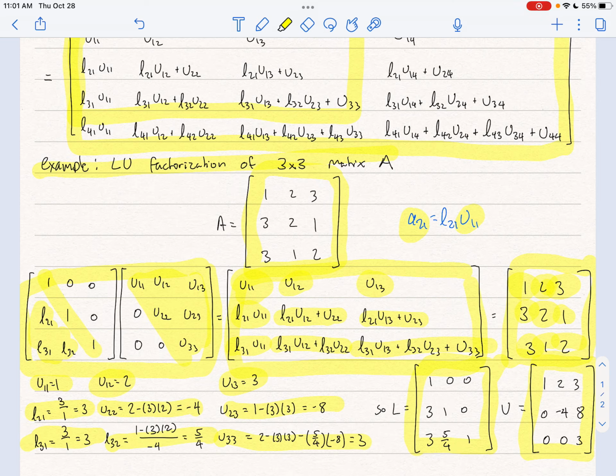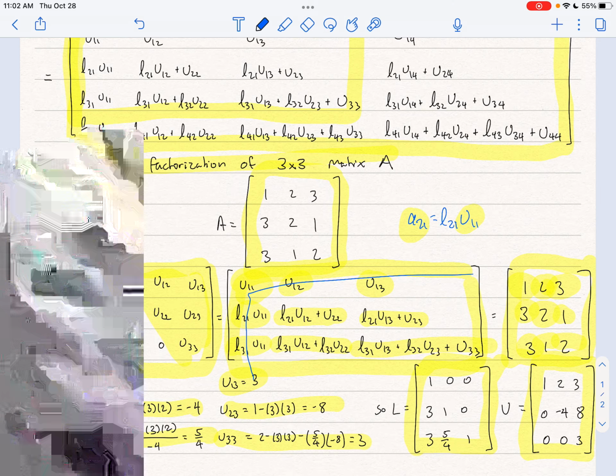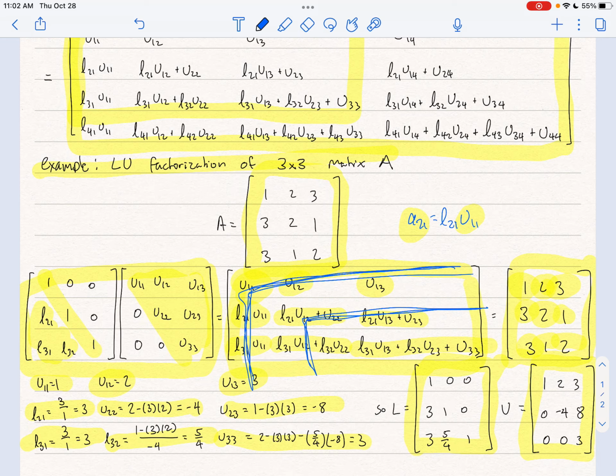So one last thing to note about LU factorization is when you solve for values, you'll notice that we went from the top row and the left column, so the very top row and very left column, this outer corner, we solve for all those values first. Then we solve for the values in this inner quarter, and we kept going.